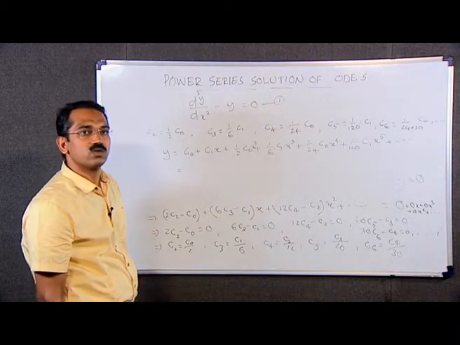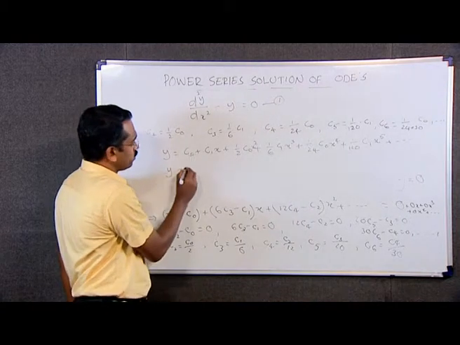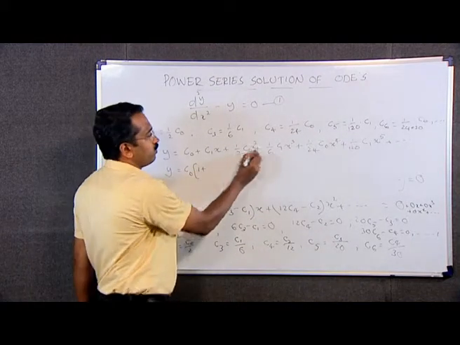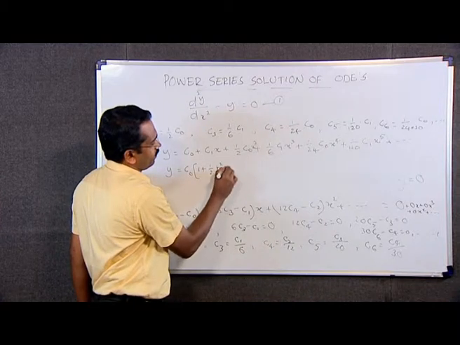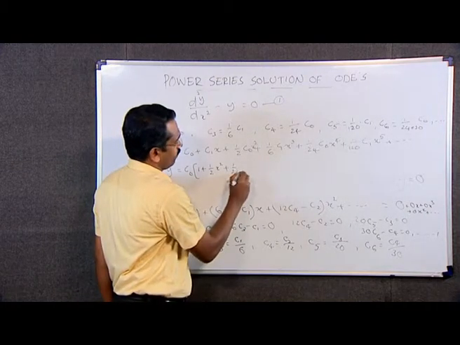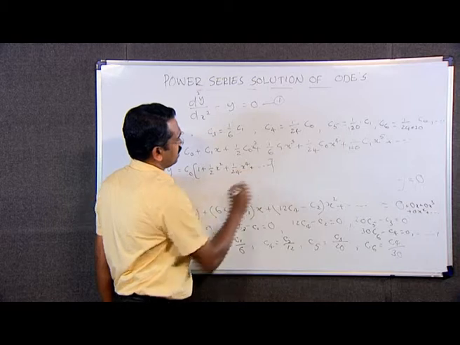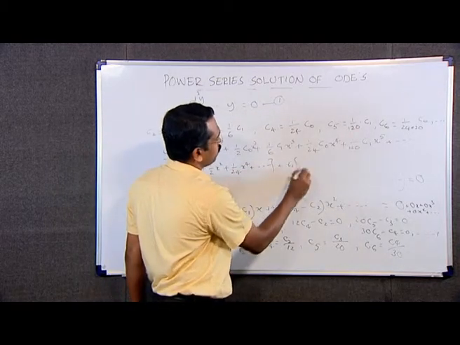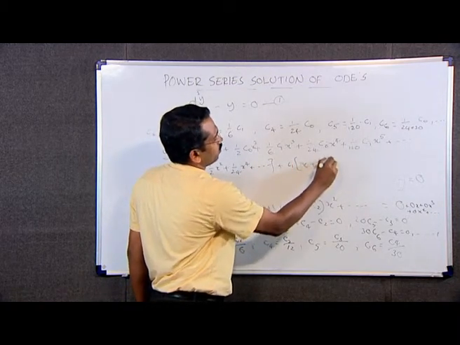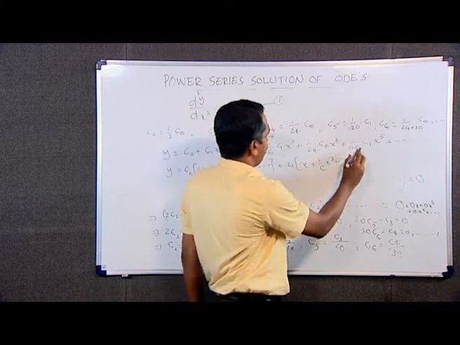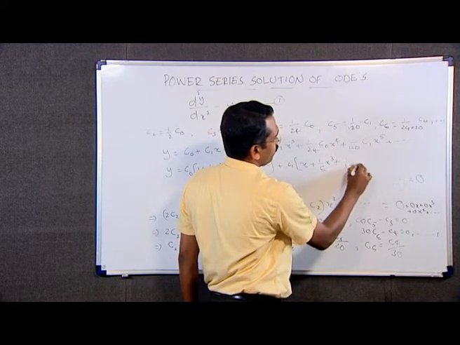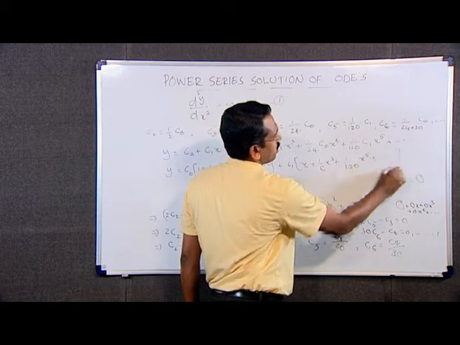We can write the solution as y is equal to C0 into 1 plus 1 by 2 x square plus 1 by 24 x raised to 4 plus etc. plus C1 into x plus 1 by 6 into x cube plus here the terms containing C1 is 1 by 120 into x raised to 5 plus etc.